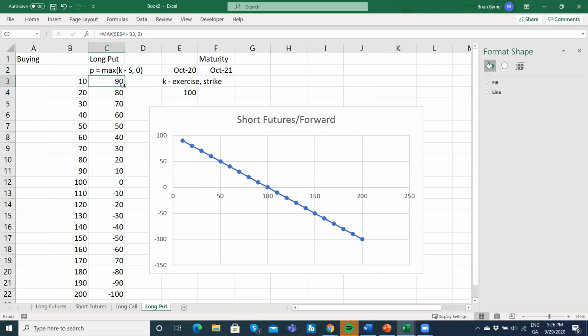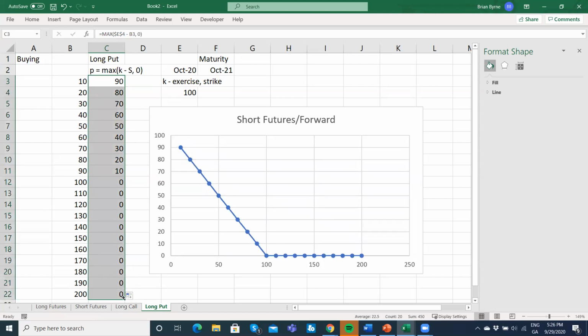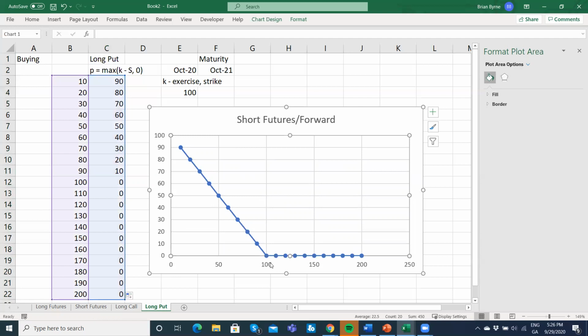Right, now we've the same basic shape until we get to 100, and then we'll have a set of zeros. In other words, if you have the right to sell something at 100, but it's trading in the market at 50, well, that's worth 50. If it's trading in the market at, let's say, 80, at 90, the underlying falls to 90.